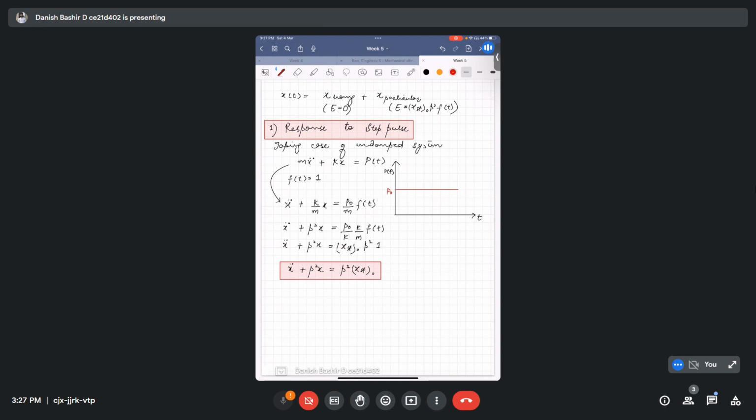There is no damping, so for free vibrations with no damping, we already know the solution. In the first class we studied the solution for this type of equation, that's x double dot plus p square x is equal to 0. So x homogeneous will be a cos pt plus b sin pt.